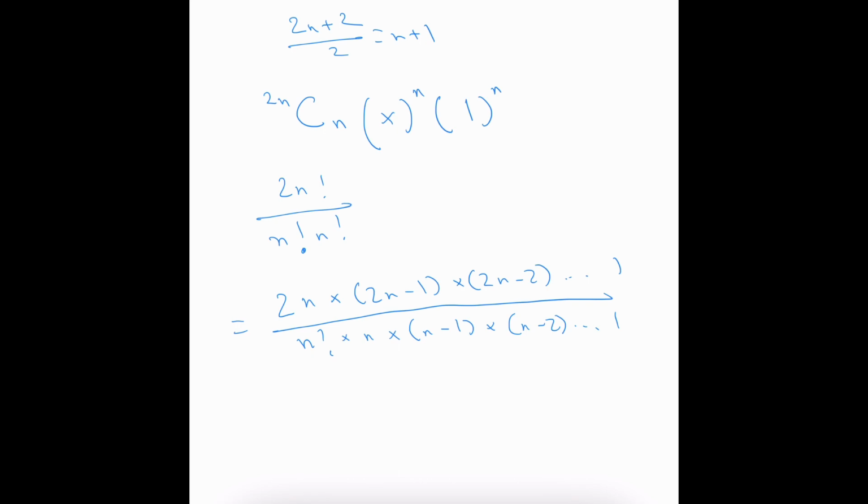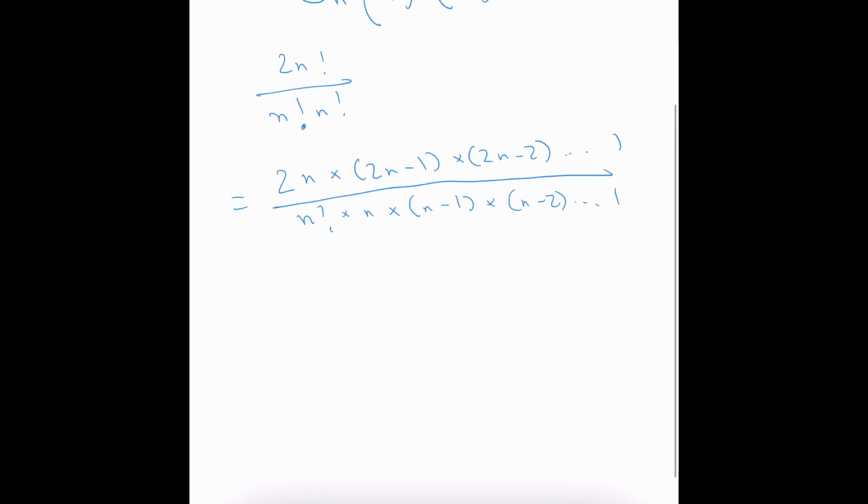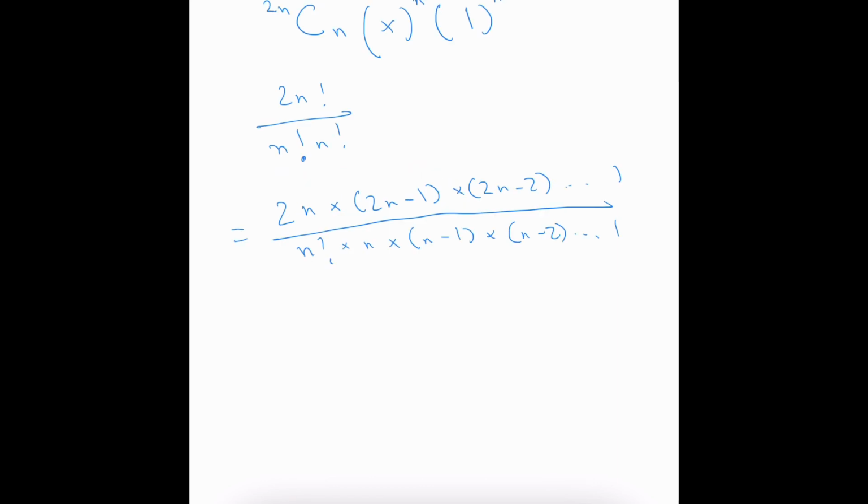Now one thing you should closely observe. If I want, I can cancel out n and 2n. If I cancel out, I get 2. Similarly, I can cancel out n minus 1 and 2n minus 2. This will again be 2.